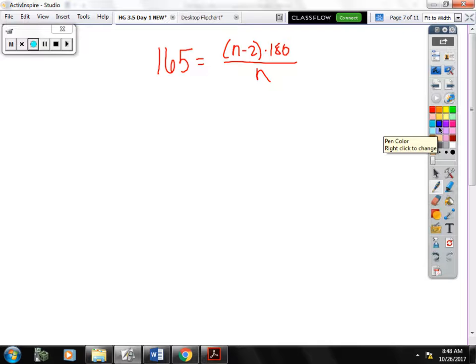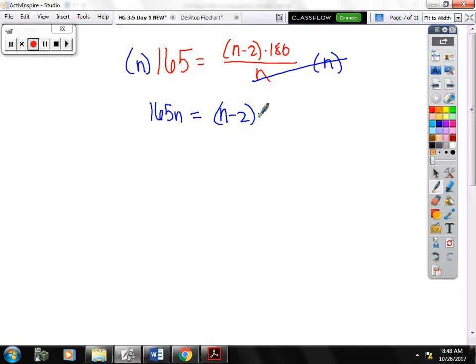What would I do first to solve this for n? Katie? Good. The first thing you see is division of n. The inverse of dividing is to multiply. So we will get 165n equals n minus 2 times 180.